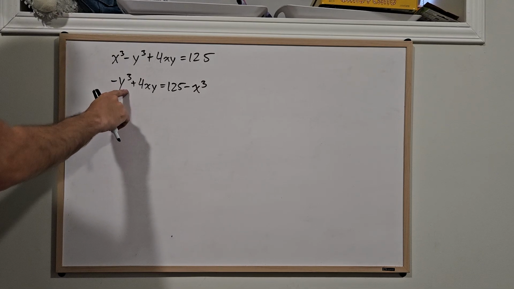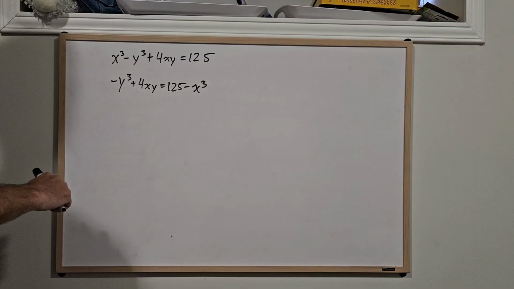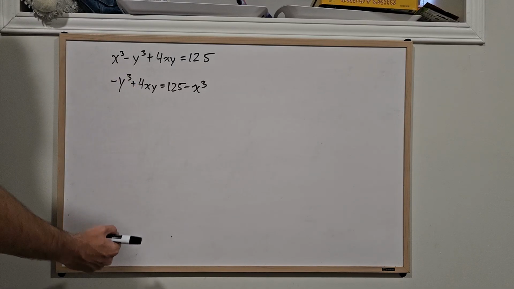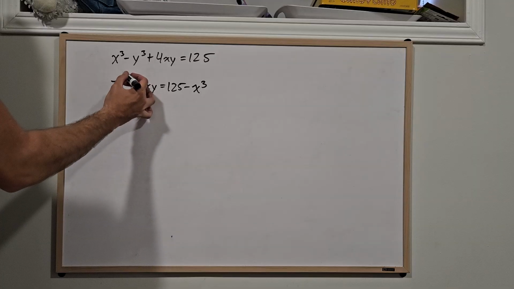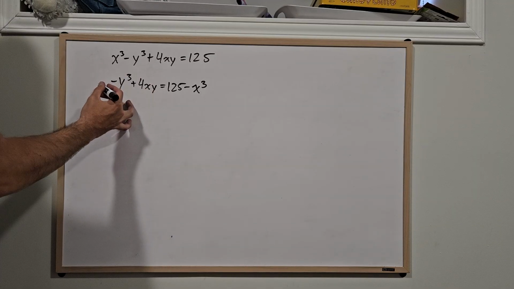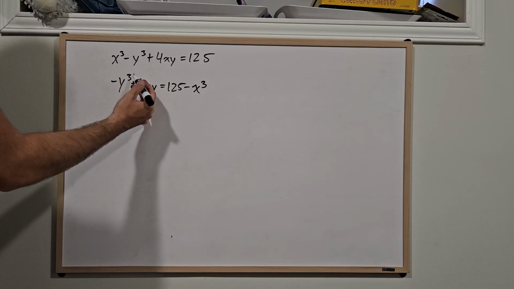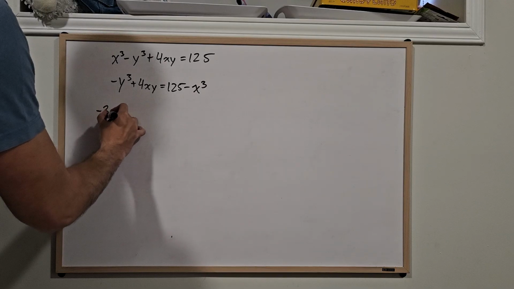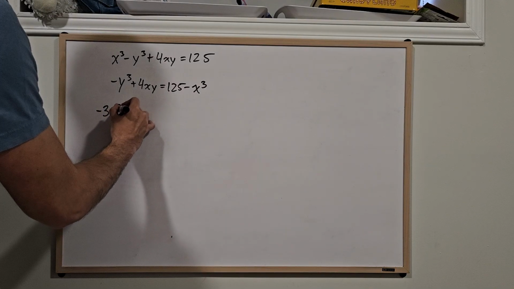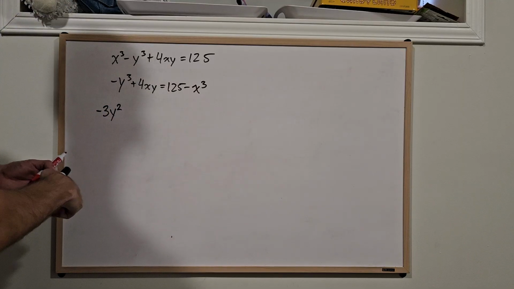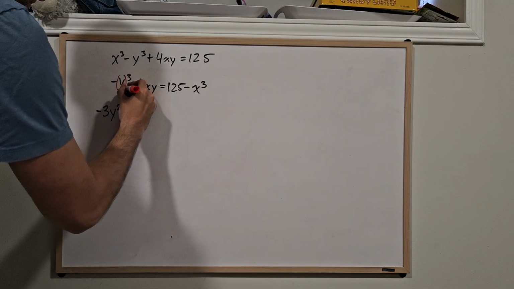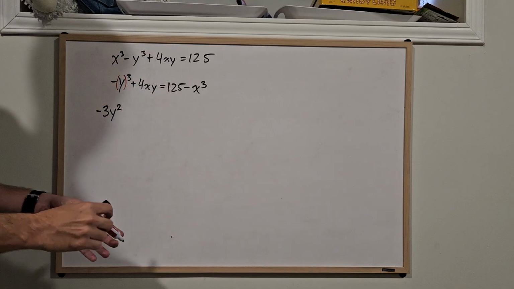Here we just have a negative 1 in front of the y. My outside part here is this y cubed, right? So I want to bring the 3 down, and I want to subtract 1 from the exponent. So what it's going to look like is negative 3y squared. And remembering that this y here is a function of x, right?